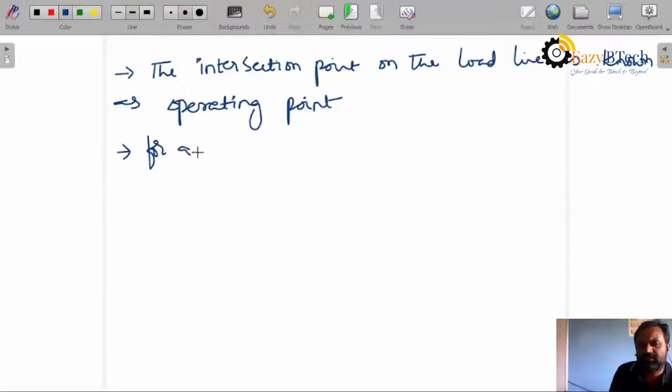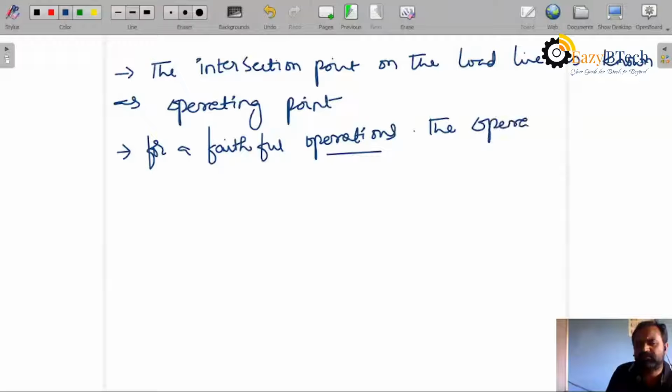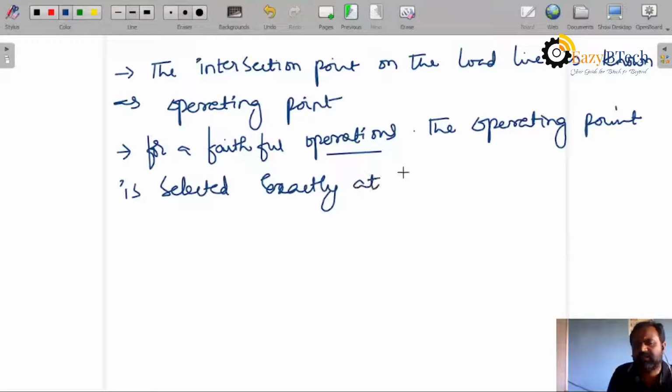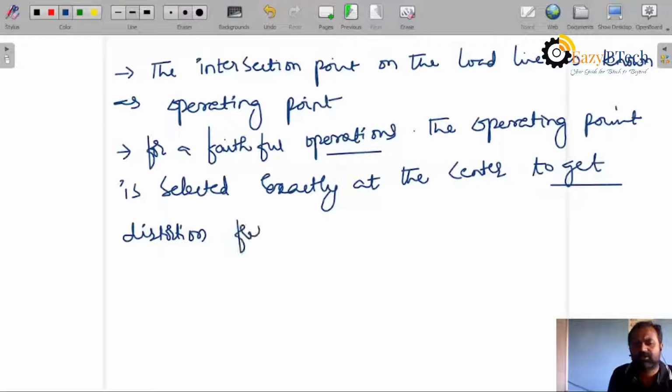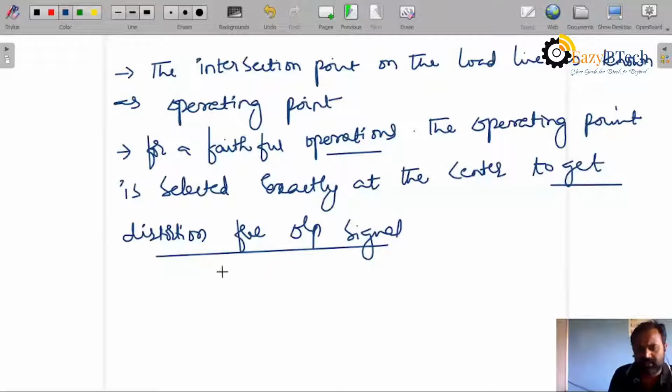For a faithful operation, the operating point is selected exactly at the center, to get a distortion free output signal. That point we will call VCEQ and ICQ.